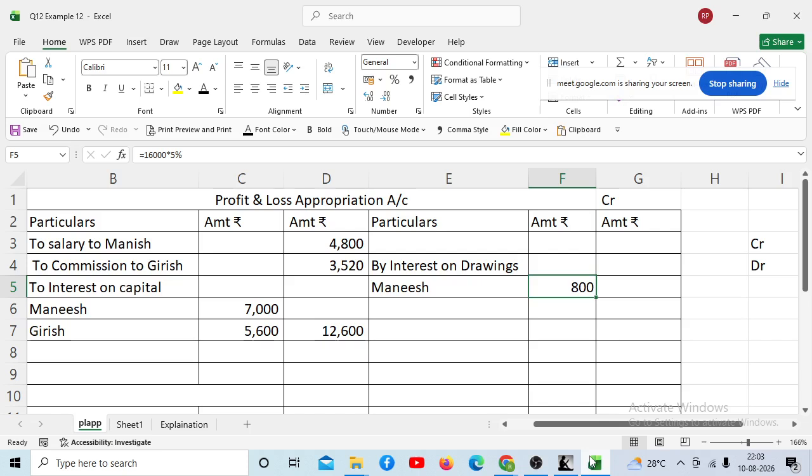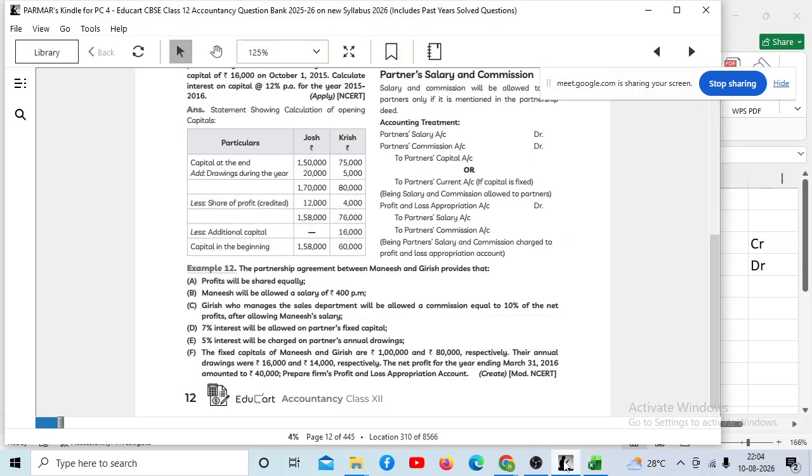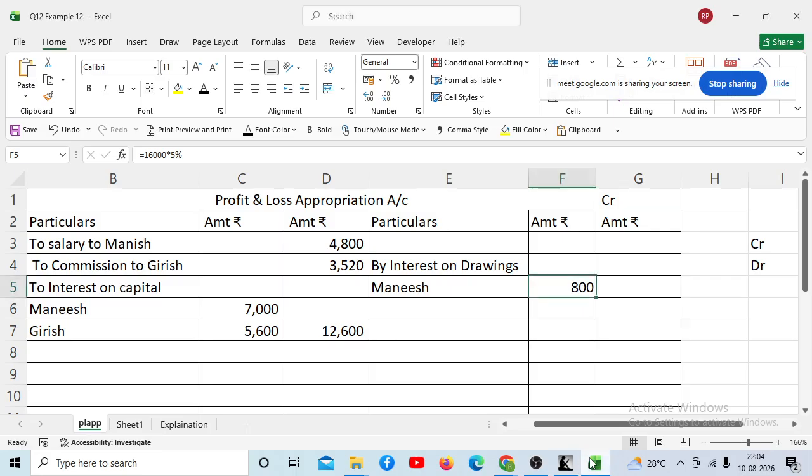Now similarly we will take it for the other partner. The other partner is Girish, and Girish has withdrawn 14,000.